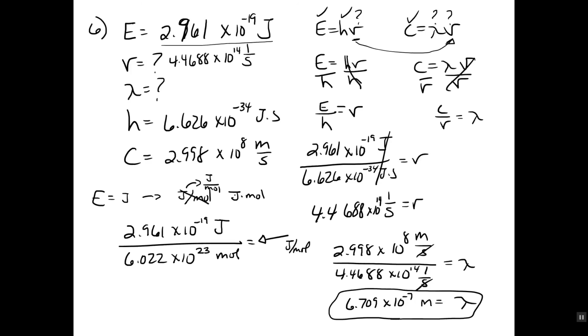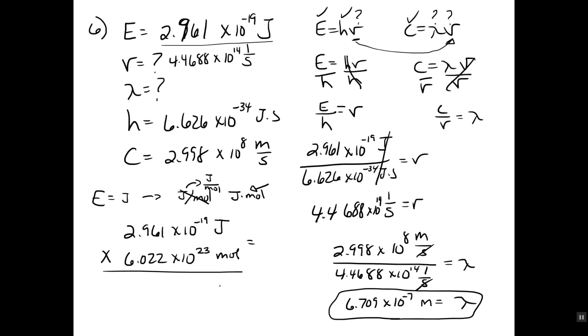Now, if they want joules moles, you've got to put them on the same side. So rather than putting one over the other, we just multiply them. And so what I can do here to fix that is this, and make this a multiplication problem.